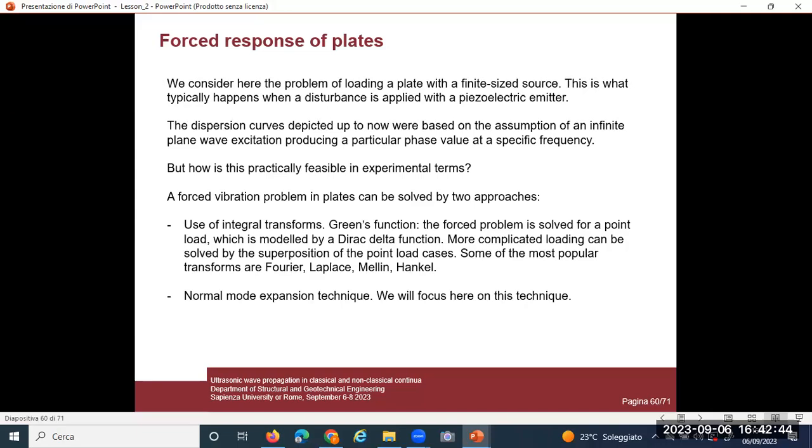a plate with a source. In this case, I will consider a finite-sized source. And this is exactly what happens when a disturbance is applied with a piezoelectric emitter.